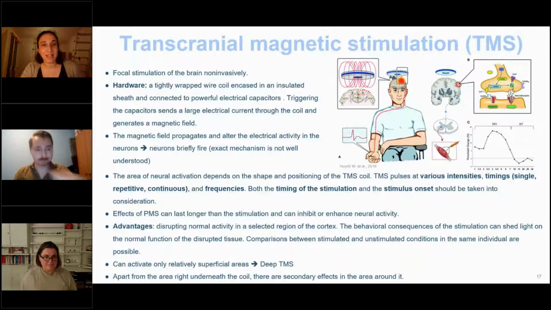Sometimes you can cause the participant to have involuntary movements of the hands, for example if you stimulate the motor cortex. It's quite weird for the participants because they see their hand moving, but it's involuntary. But most of the time there's no effect that you can observe, like a hand moving.